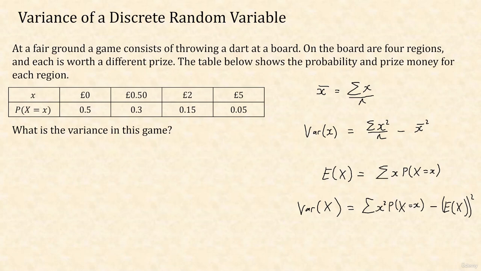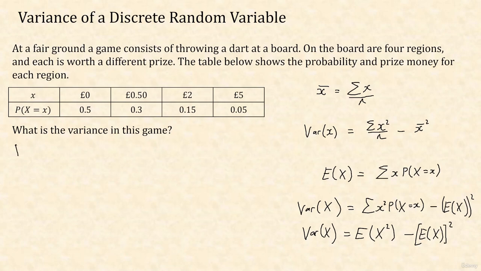Since we can think about this as the average square, you'll often see this written as E of X squared minus E of X, all squared. Either one, they mean the same thing, is our formula for the variance of a discrete random variable.